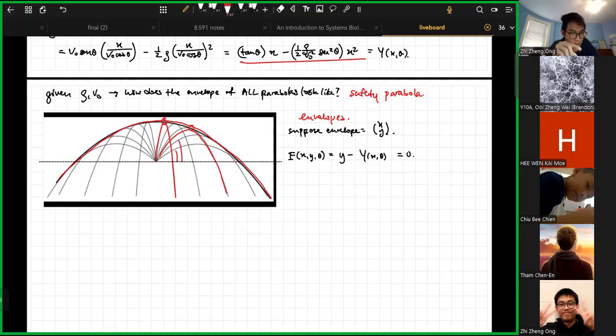If you change theta by a little bit, it's going to be close to the parabola, but not really on it anymore. What I mean is that it's going to be tangential to the parabola.